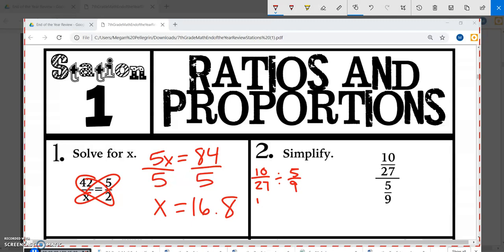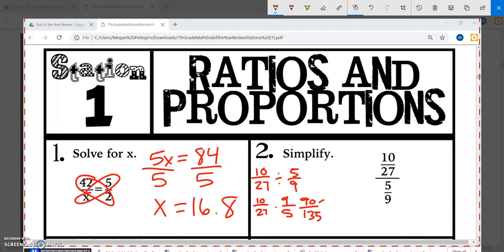Okay, and it says we're going to do keep, change, flip, times 9 over 5 gives me 90 over 135. So 10 times 9 is 90, 27 times 5 is 135.